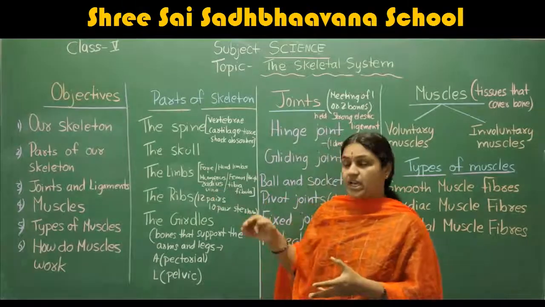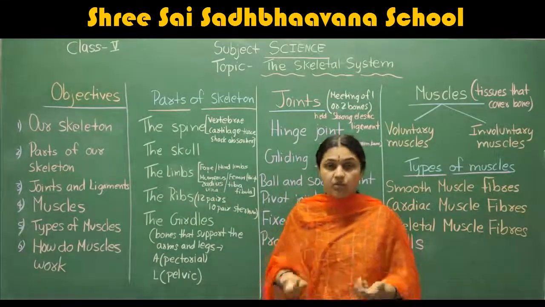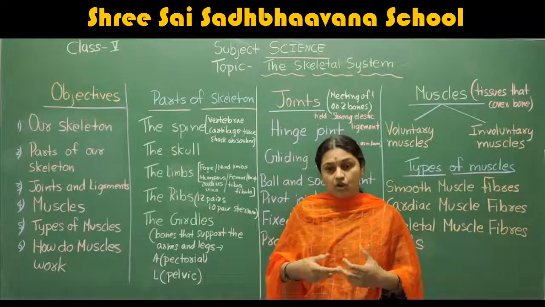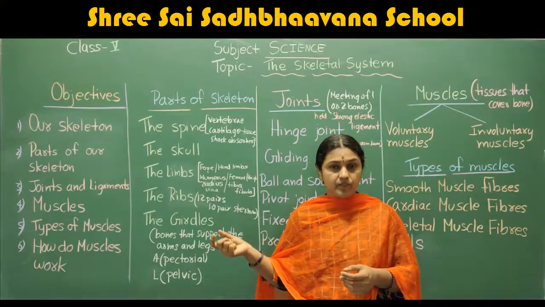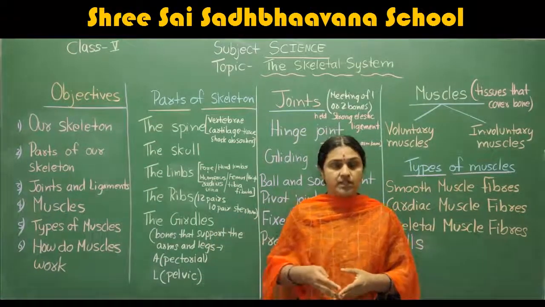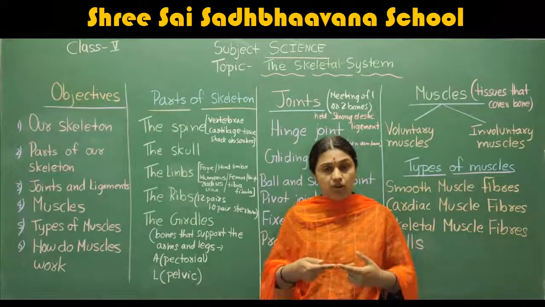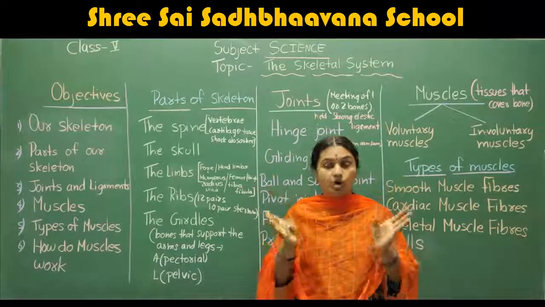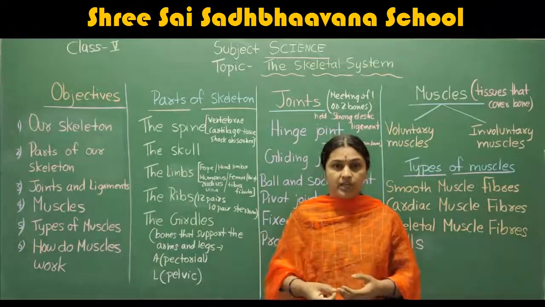Why do you think joints are important in the skeletal system? As we know, the skeleton is made up of different bones. If they were all separate, do you think we would have a structure like this? No. So these bones are joined together to form the whole skeletal system, which gives a framework to the body.